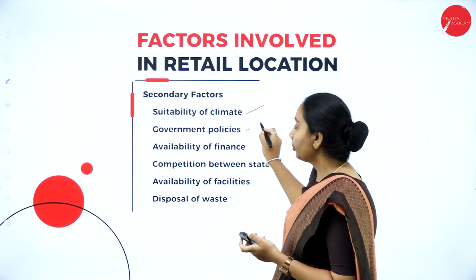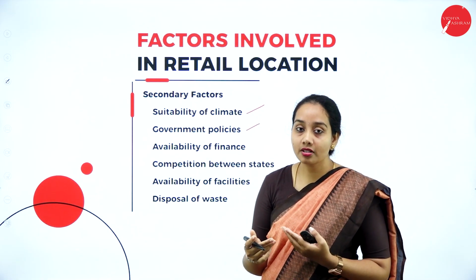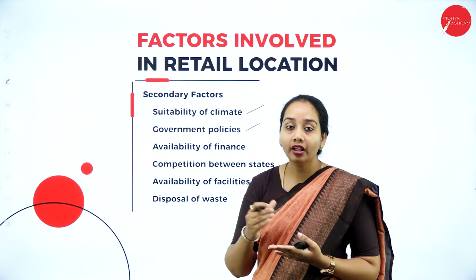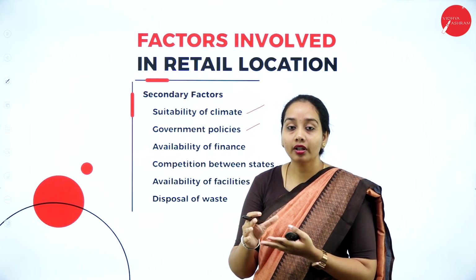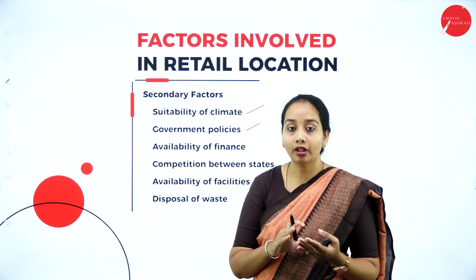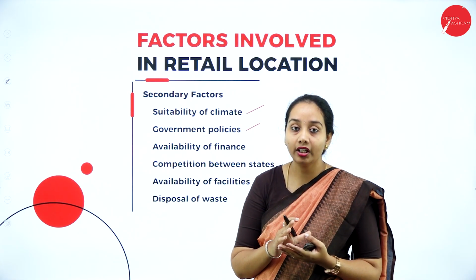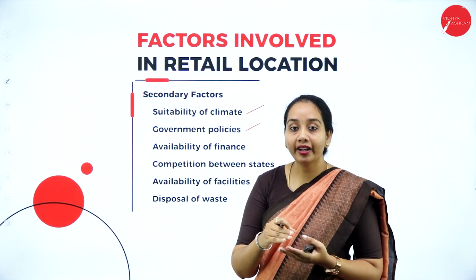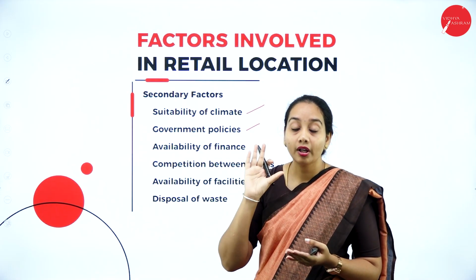Next is about government policies. Government policies is also one of the important ones. You might have read that any retailer that has come to any state, and if they have not been allotted land or any subsidies for the operation of their factory outlet, they might have shifted to other states. Why?